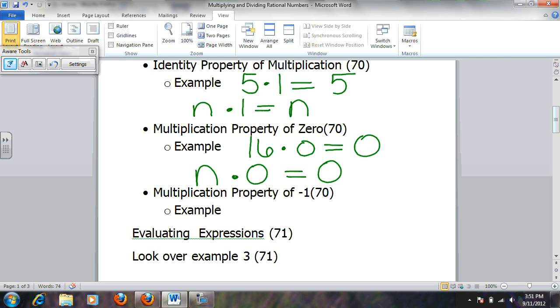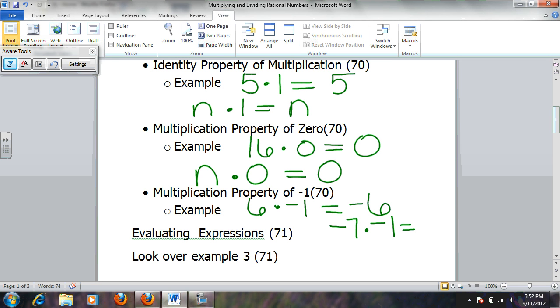Multiplication property of negative 1. What happens if I take a number, 6, and I multiply it by negative 1, or the opposite of 1? I end up with the opposite of 6. What happens if I start with the opposite of 7 times the opposite of 1? I get the opposite of 7.